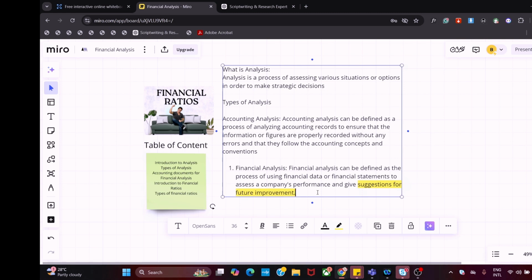So obviously in our daily lives, whether consciously or unconsciously, we always make analysis even without knowing. You can decide, should I go for the party today or should I just stay home? What is the cost of attending this party tonight? Why should I attend this party tonight? What am I going to lose if I attend this party tonight? Or should I just stay home and work on my assignment? Should I just stay home and work on my project?